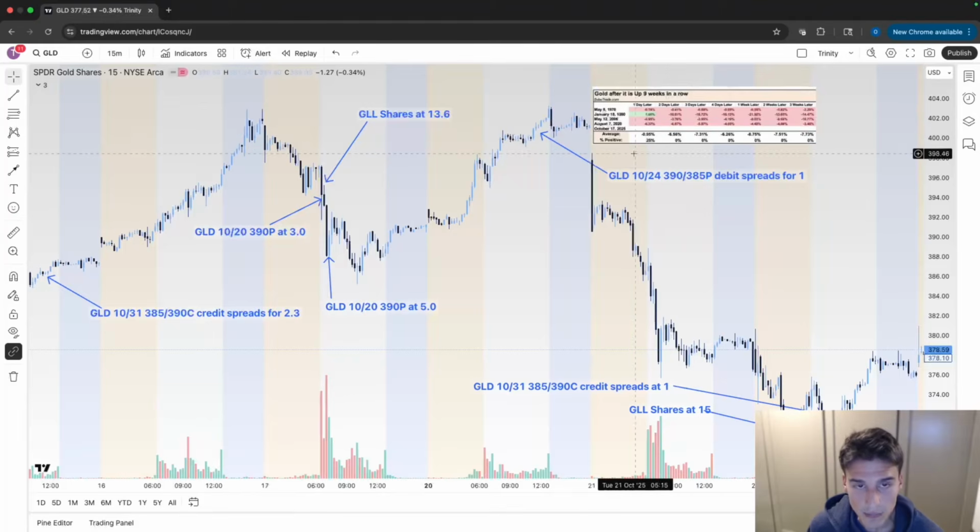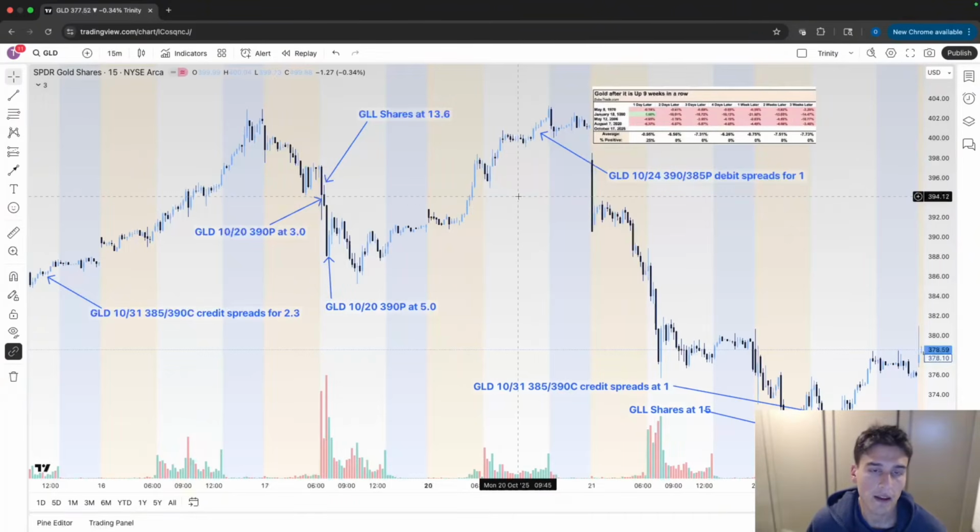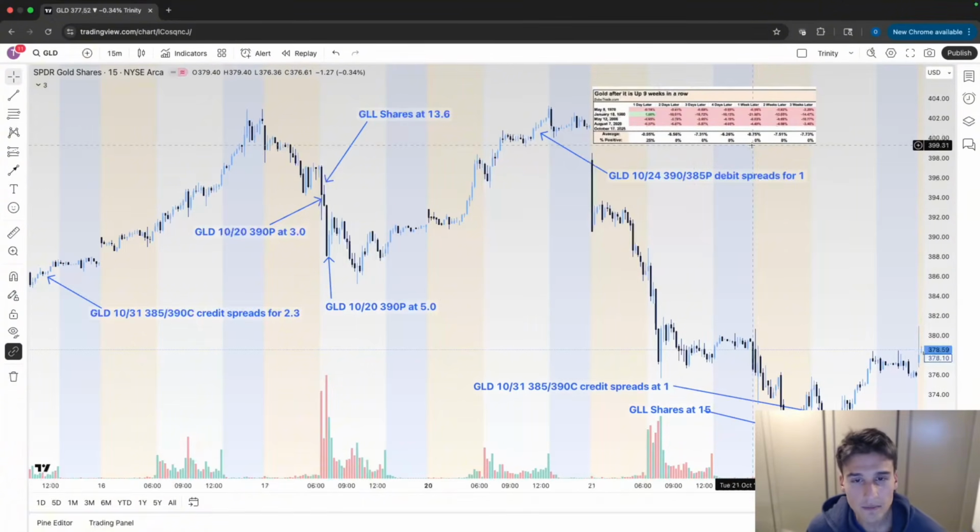So here we are on Monday after 9 weeks of gold going straight up, and we're up 4% on the day. The thought process that I had was, forget a crazy mean reversion, all you need is a red week, and that would be aligned with historical movement, as we can see here.